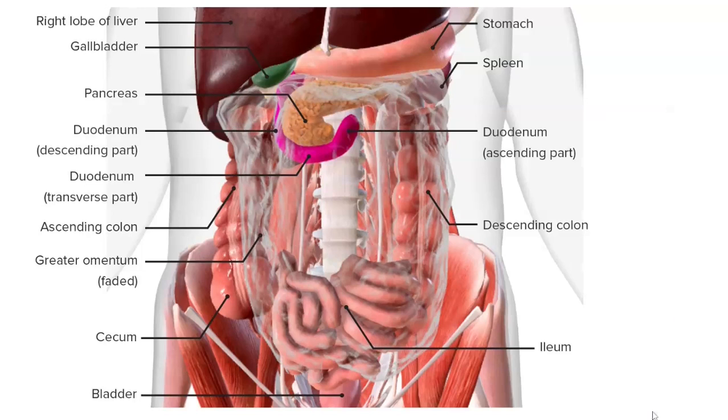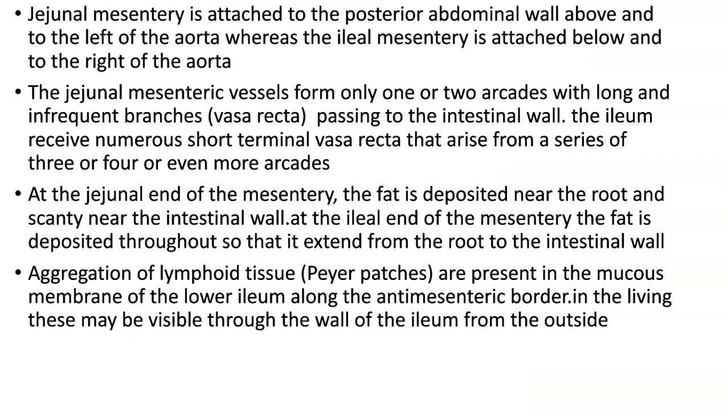As you can see here, this is the duodenum, this is the ileum, and here you will find the jejunum, which is found up to the aorta. The jejunal mesentery is attached to the posterior abdominal wall above and to the left of the aorta, whereas the ileal mesentery is attached below and to the right of the aorta.